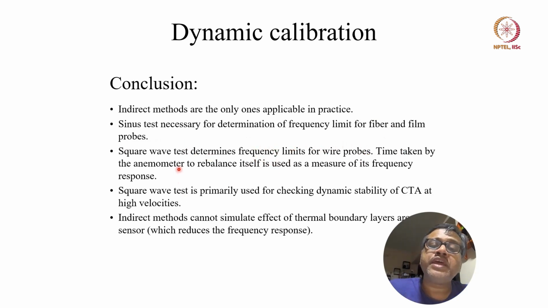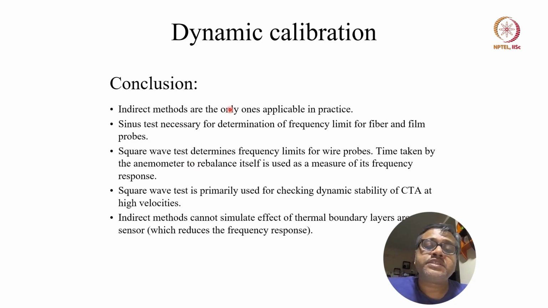The time taken by the anemometer to rebalance itself is a measure of its frequency response, right? That means how much time it takes to adjust to the frequency. There is always a time delay, so the shorter the time, the better your frequency response.